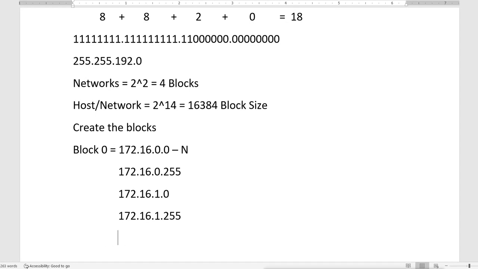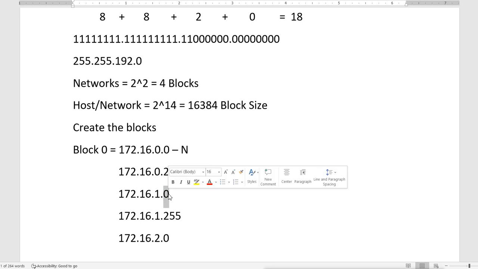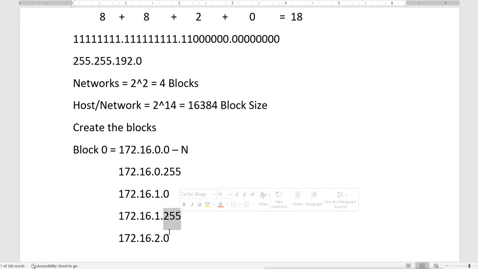Then 172.16.2.0. So that means this will go from 0 to 255, that means 256. Then again it will go 0 to 255, and then again 0 to 255, and you can see these numbers are changing here.